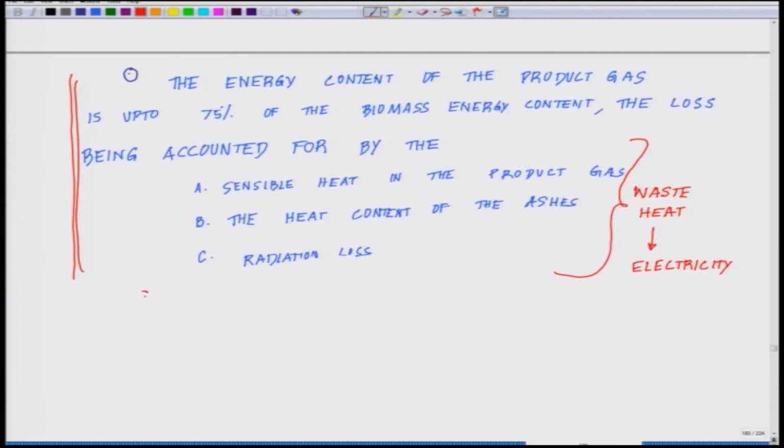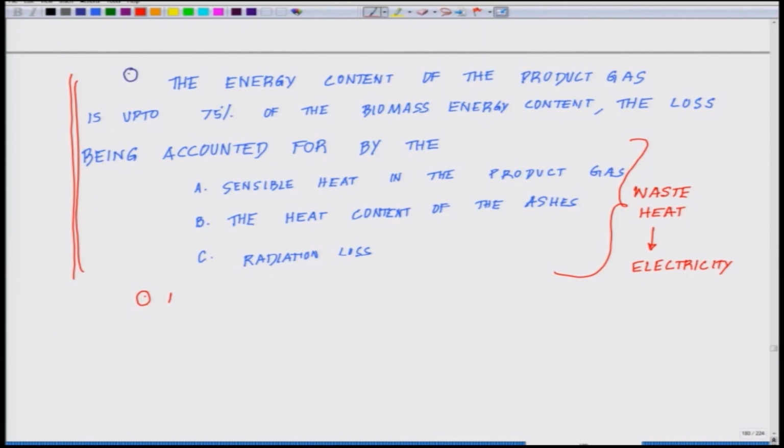Now after this, the next point worth highlighting here is that in addition to the initial release of volatiles, a solid char residue is produced, termed as charcoal. What does this mean?